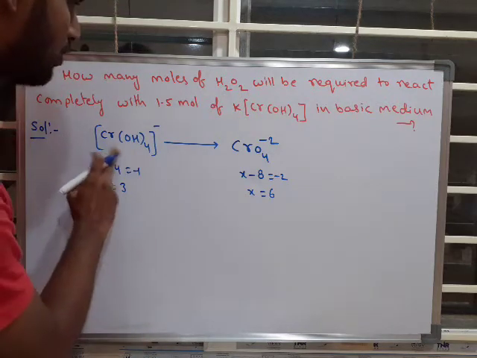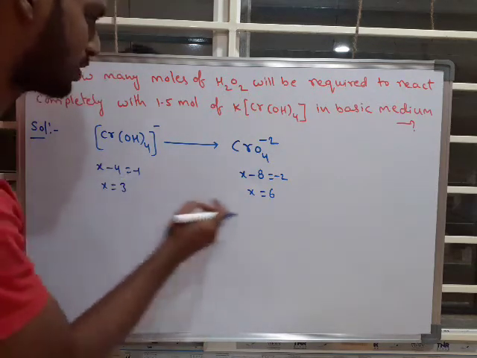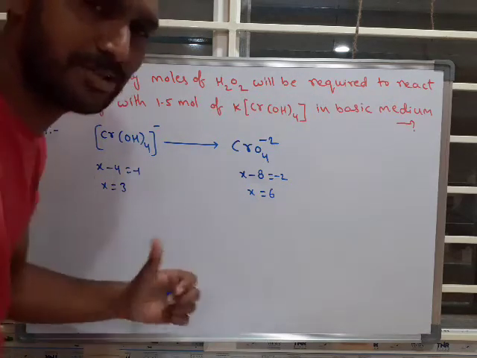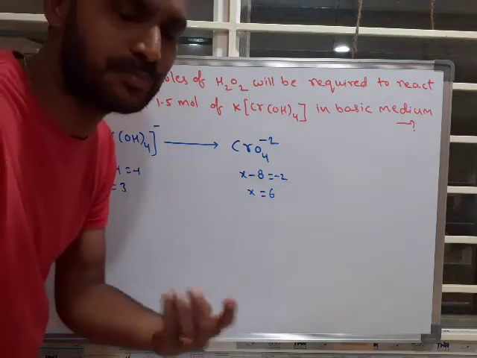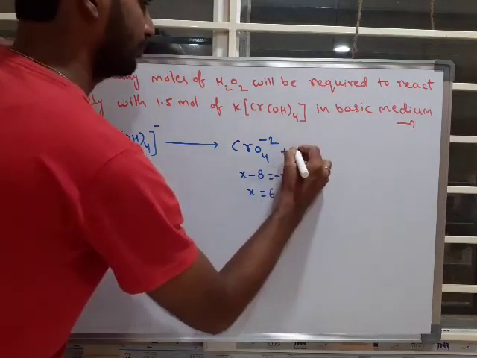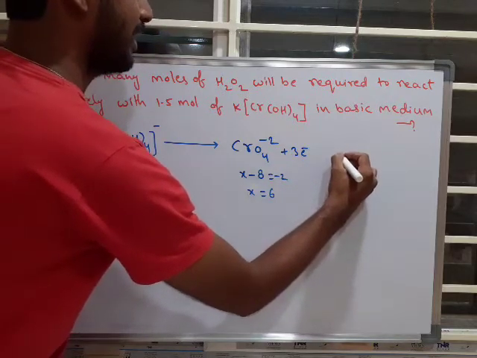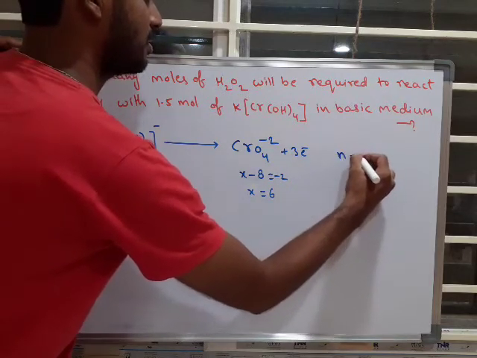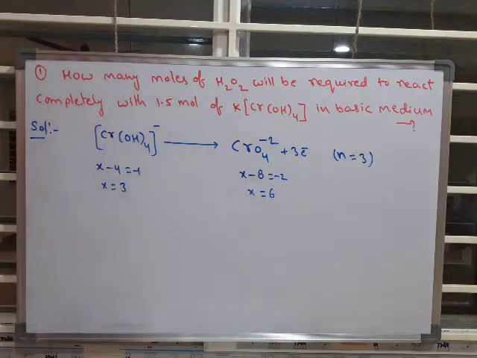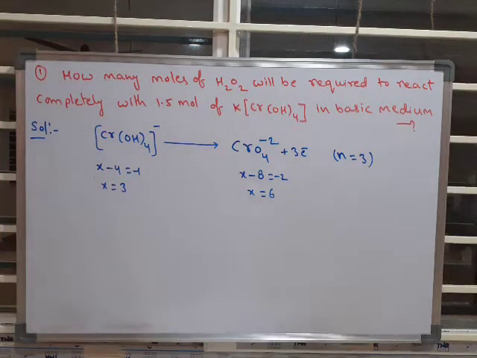So there is one chromium and its oxidation number increased. Oxidation number increase means it is oxidized, so it loses electrons. How many? 3 electrons. So the n factor is equal to 3.